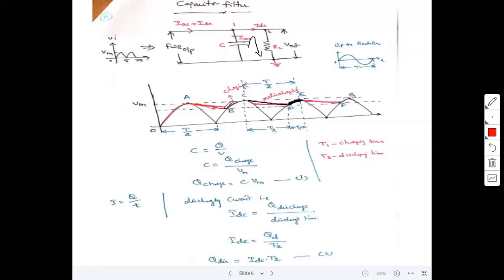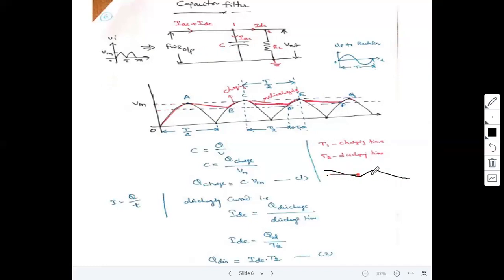When it is charging, the capacitor voltage is less than the full wave rectifier output voltage, and only then will it charge. Charge, discharge, charge and discharge. This process is continuous, right? Slowly discharge here, then again charge here, then again slowly discharge.